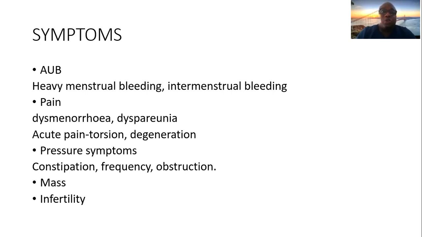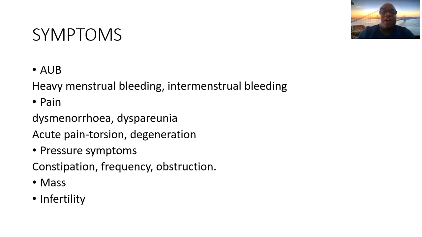Sometimes we also get heavy bleeding manifesting as clots. Normal menses should not have clots, but with abnormal uterine bleeding, you have passage of clots and also bleeding in between the menses.